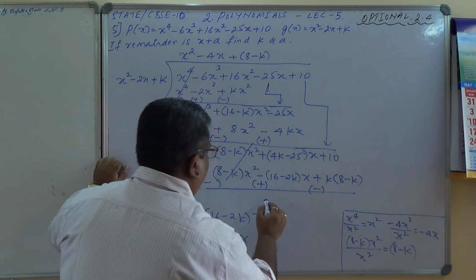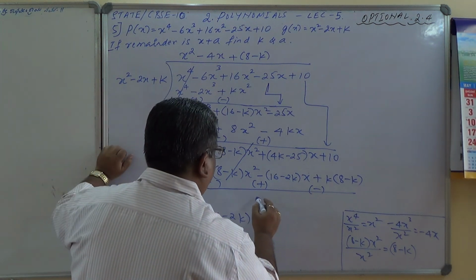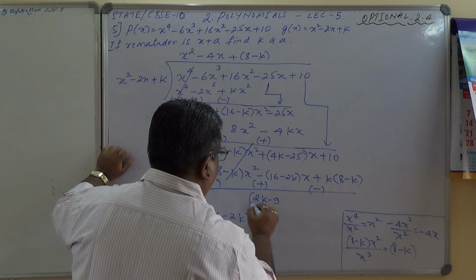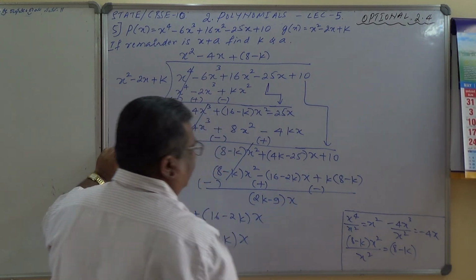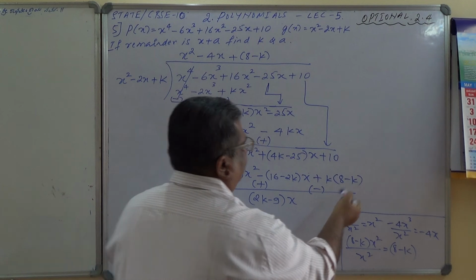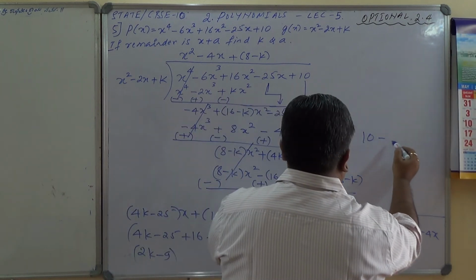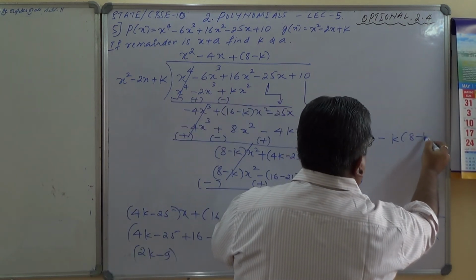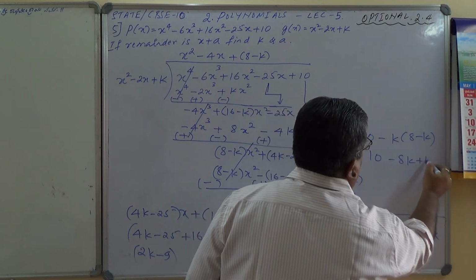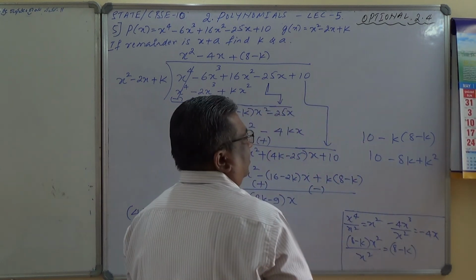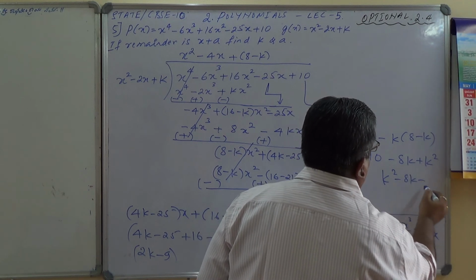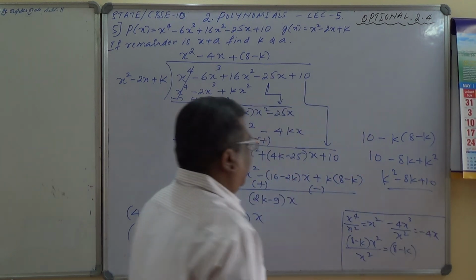So what I am writing is plus 2k minus 9 into x, and this will be 10 plus k into 8 minus k, which is 10 plus 8k minus k square, hence k square minus 8k plus 10 is the last term here.